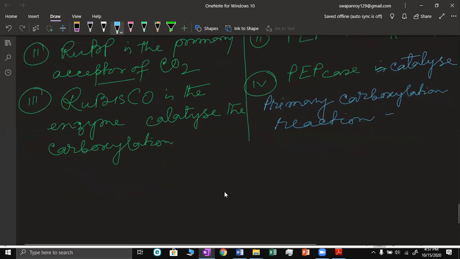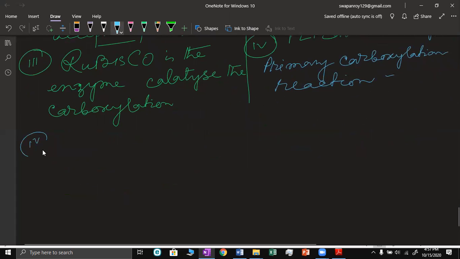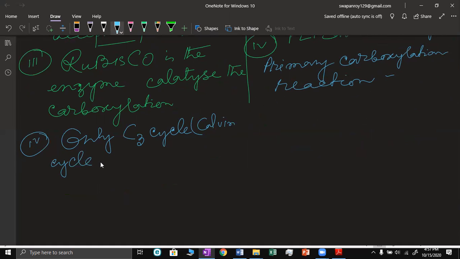Okay, this one is only the C3 cycle or the Calvin cycle. The cycle is present in C3 plants. But in C4 plants, what happened? The actual process for carbon dioxide reduction is the Calvin cycle.